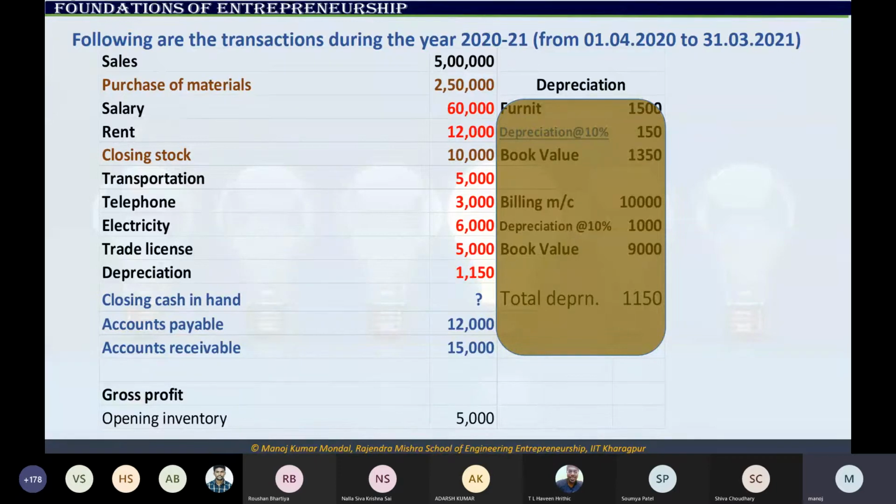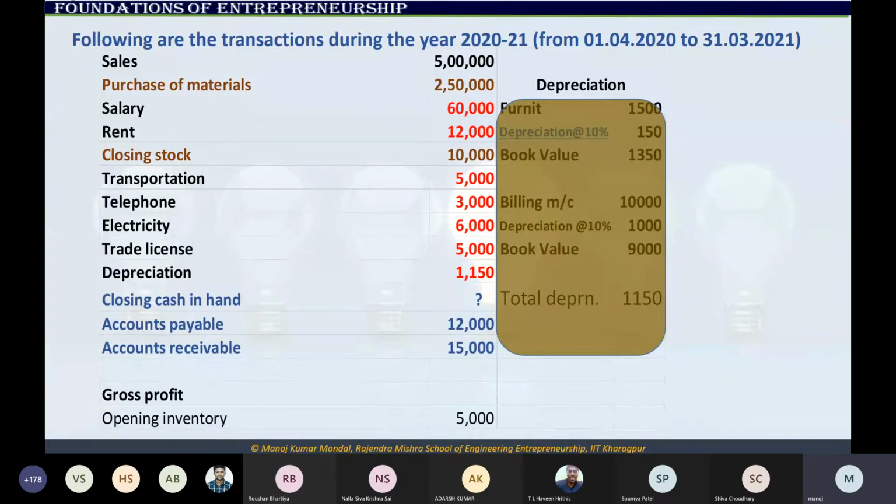So after depreciation, the value becomes 1350. If you reduce 150 from 1500, that means the furniture now has a book value of 1350. At the time of buying, it was 1500, but during the year, the furniture has contributed to the business to the extent of 150 rupees. That means 150 rupees of the value of the furniture is gone. So now the present book value becomes 1350.